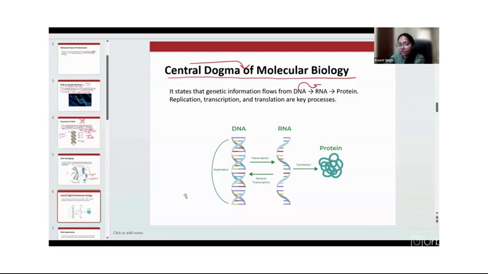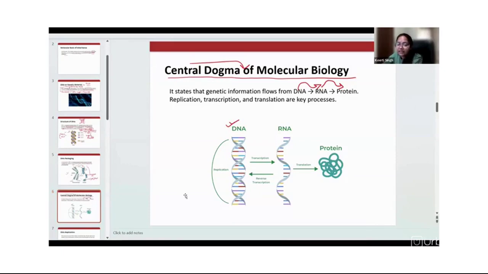It will travel through the formation of RNA, and this RNA will ultimately lead to the formation of protein, right? For this process, different steps are required, different kinds of enzymes are required, different catalyzing components are required, right?